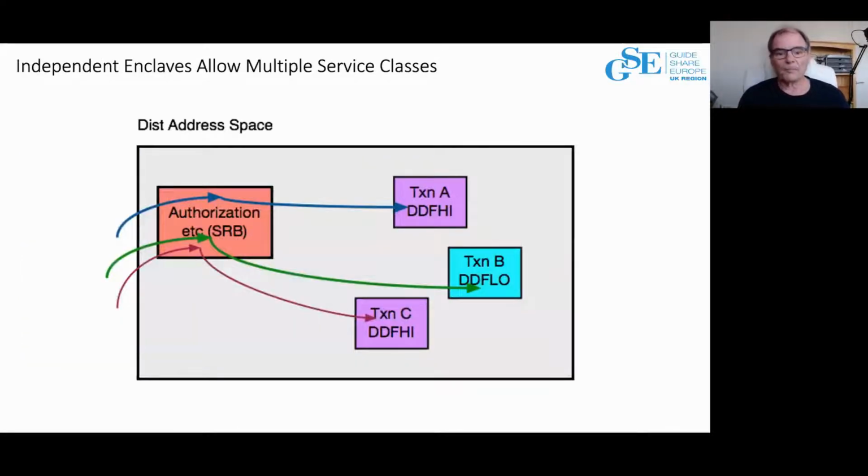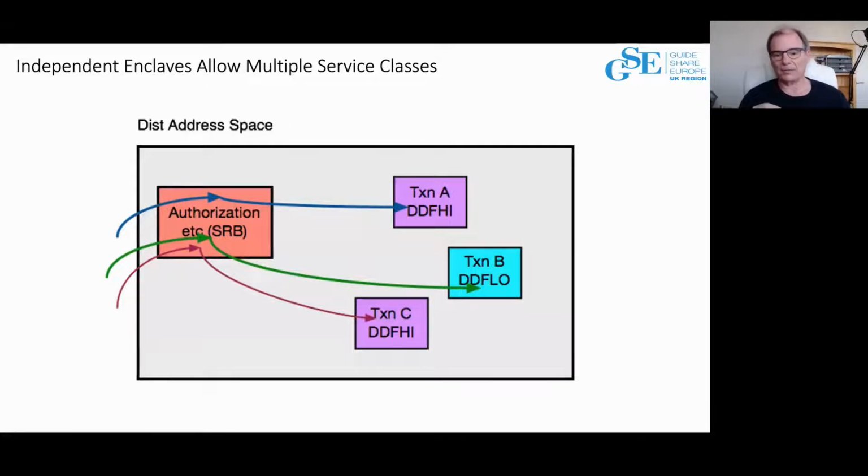Okay. The next thing to talk about, though, is the relationship between DDF work and the Dist address space in DB2. So the Dist address space in DB2 runs in one service class, and the transactions are always in their own service classes for almost all the work that happens on behalf of a transaction.